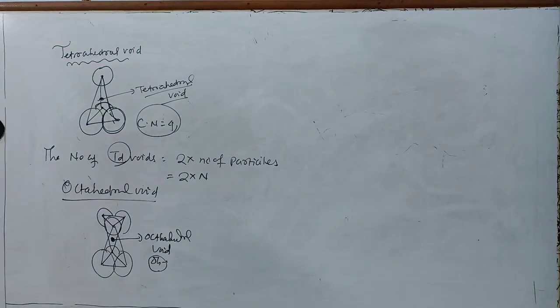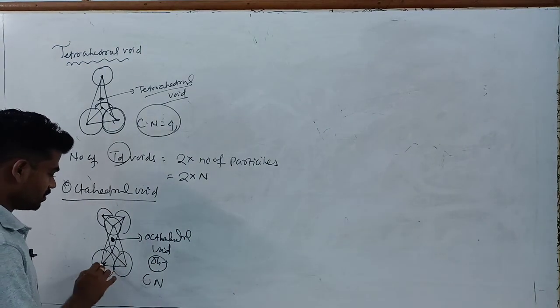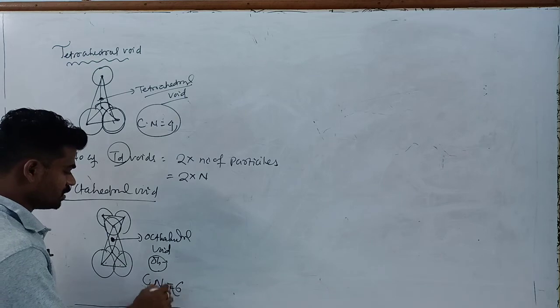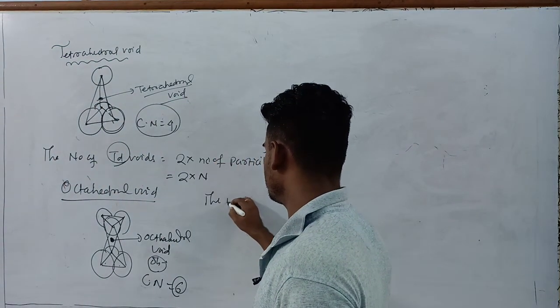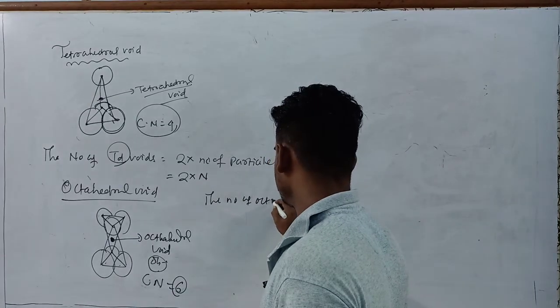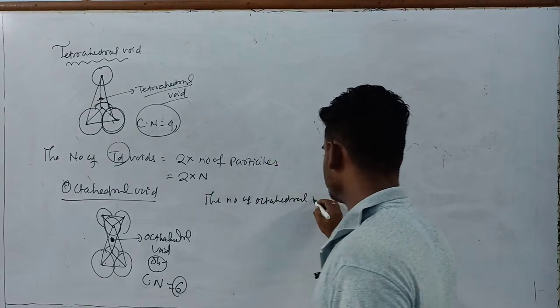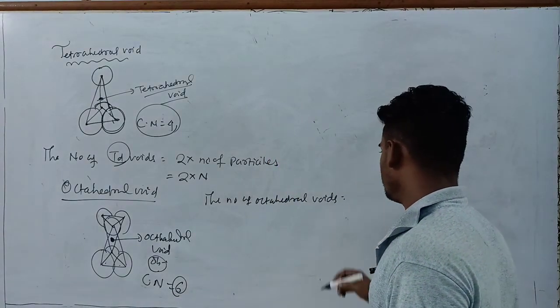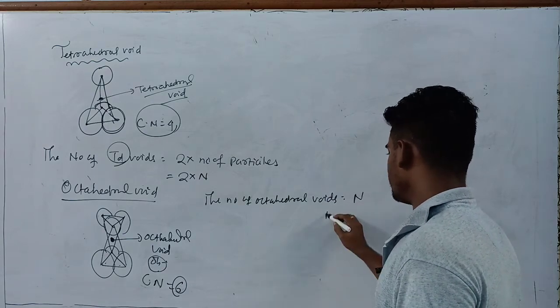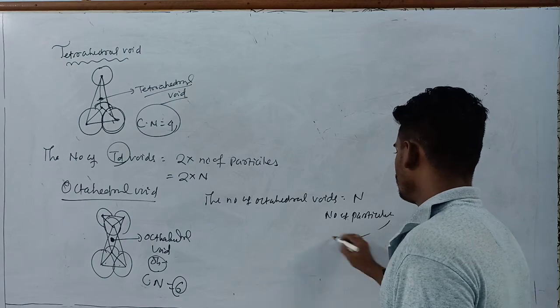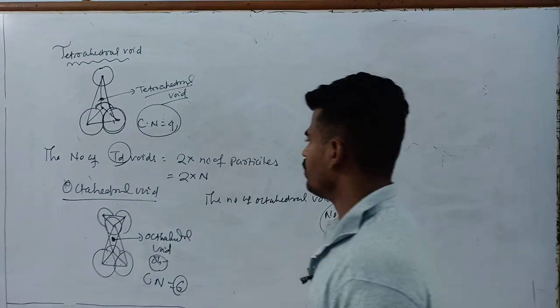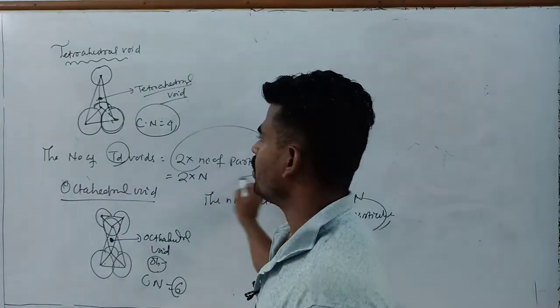Octahedral void. And coordination number, that is number of touching spheres, 3, 3, 6. Coordination number is 6. And just remember, the number of octahedral voids is equal to n, that is the number of particles. But tetrahedral voids are 2 times the number of particles.